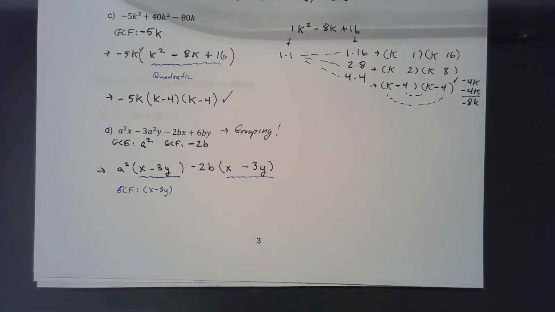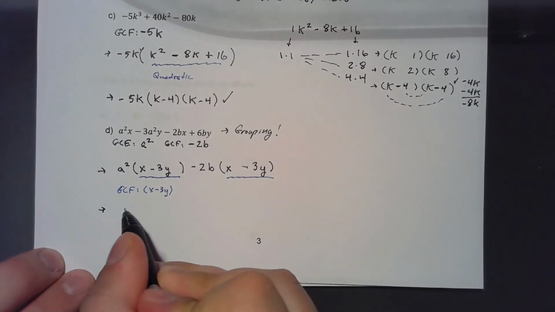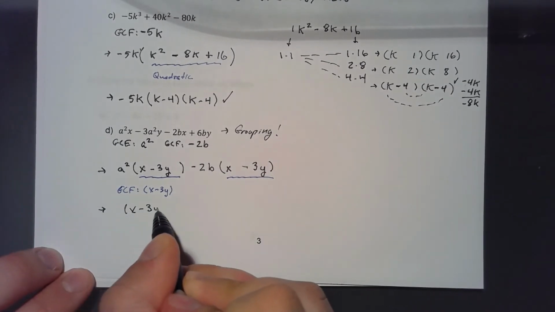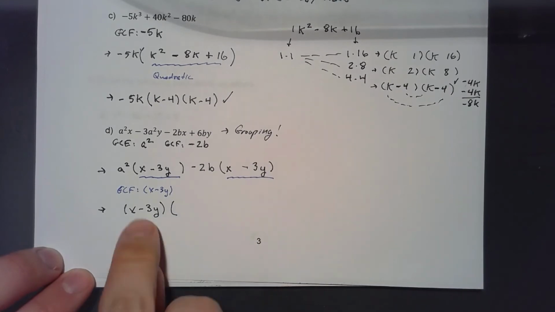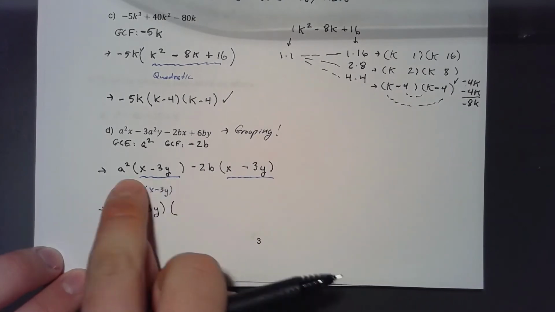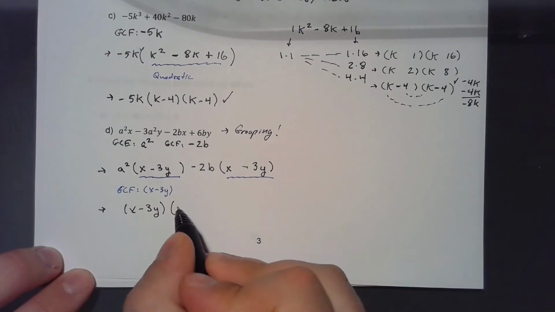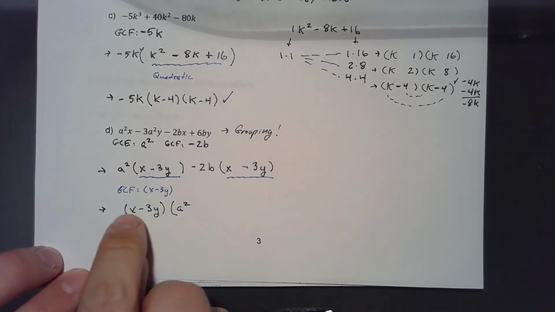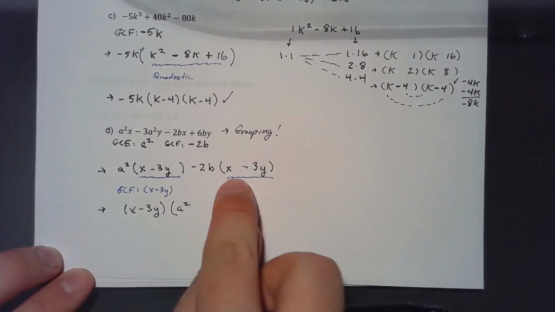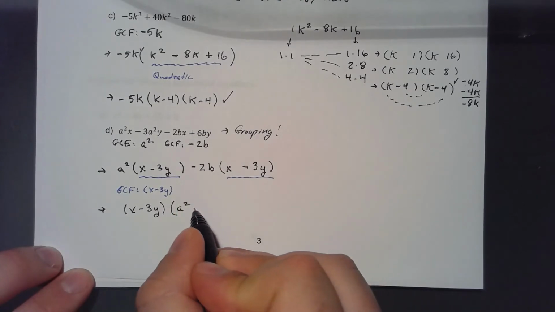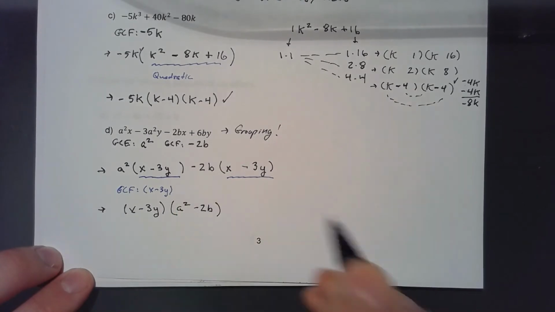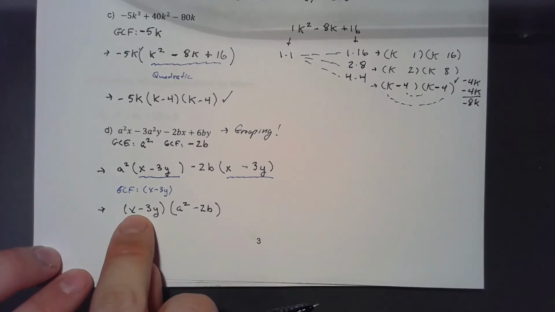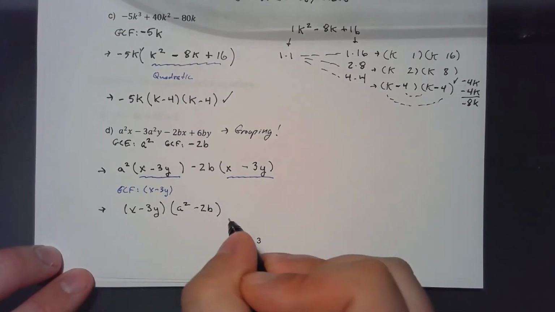So I can factor that out of the whole thing. When I factor this out of the first two, I'm going to get a squared left over. And when I factor this out of the second group, I have minus 2b left over. And since this one doesn't factor anymore and this one doesn't factor anymore, I am done.